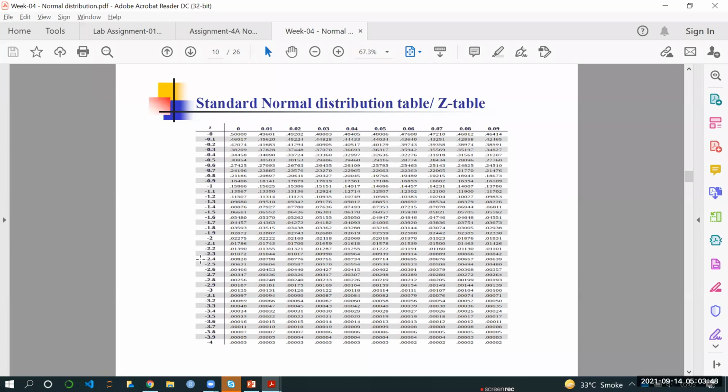One more example, suppose I want to find minus 2.55. Can anybody answer this? Chat window is open. Minus 2.5 is here. And where is the second 5?